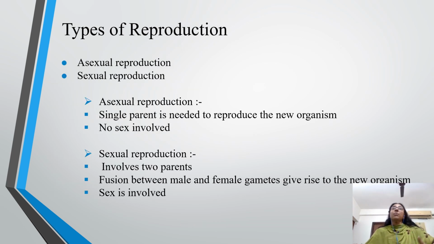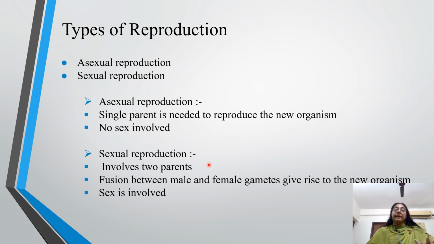To move forward, we should know the different types of reproduction. The two types are asexual reproduction and sexual reproduction. In asexual reproduction, a single parent is required to reproduce a new organism, and there is no sexual involvement.